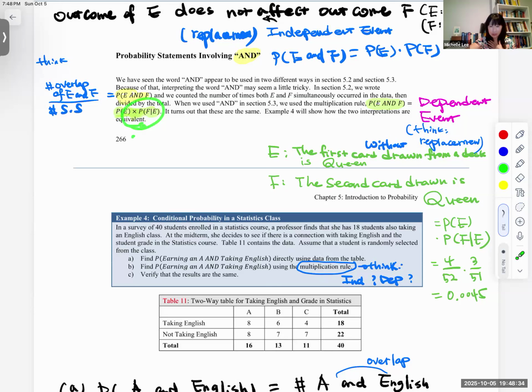So we have to do that. What do you think? Earning A given that taking English.